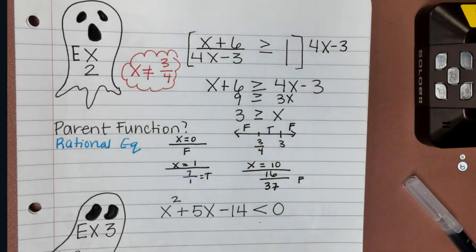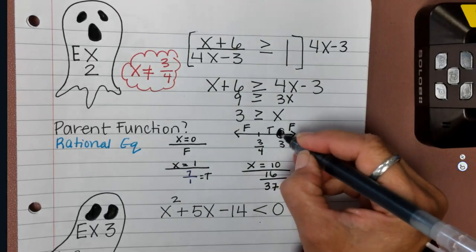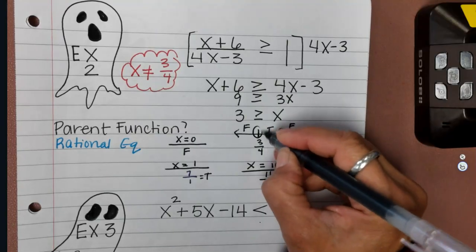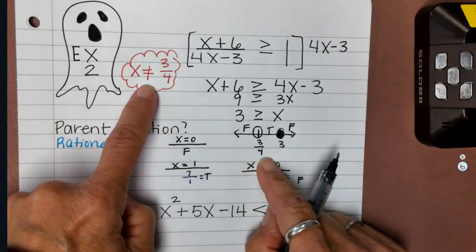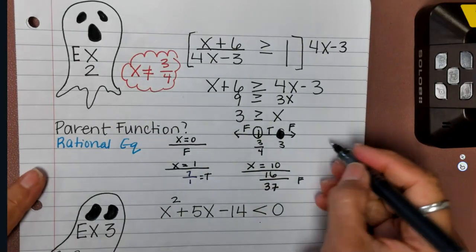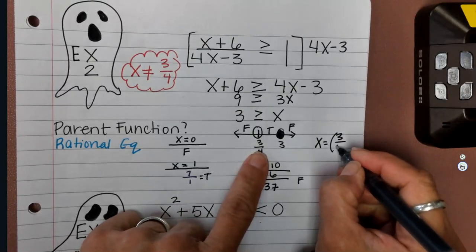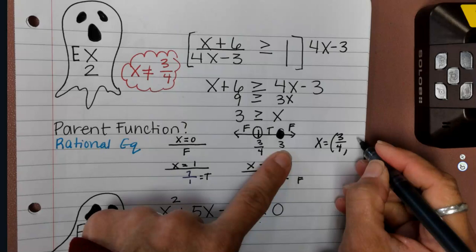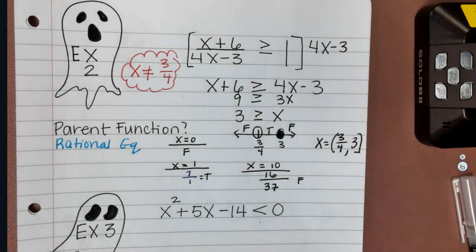And it's part equal. But is it really all part equal? If I shade this on my number line, I could certainly include this. But do I color that in? No, I do not. So what is x equal? X equals, open parentheses, 3 over 4, and then close bracket for the 3. And that is the answer.